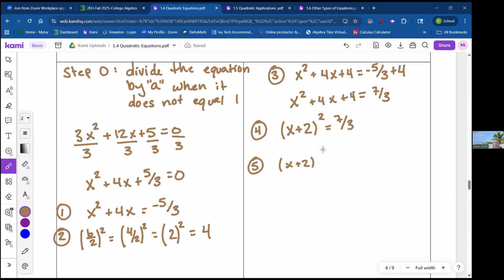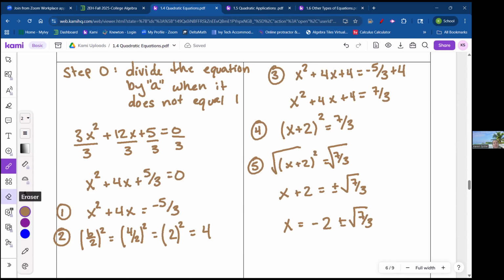And again, this is going to be an irrational answer because there is no square root of 7 over 3 that doesn't result in a bunch of crazy decimals. So x plus 2 is equal to plus or minus the square root of 7 over 3. Subtract 2, so x is equal to negative 2 plus or minus the square root of 7 over 3.